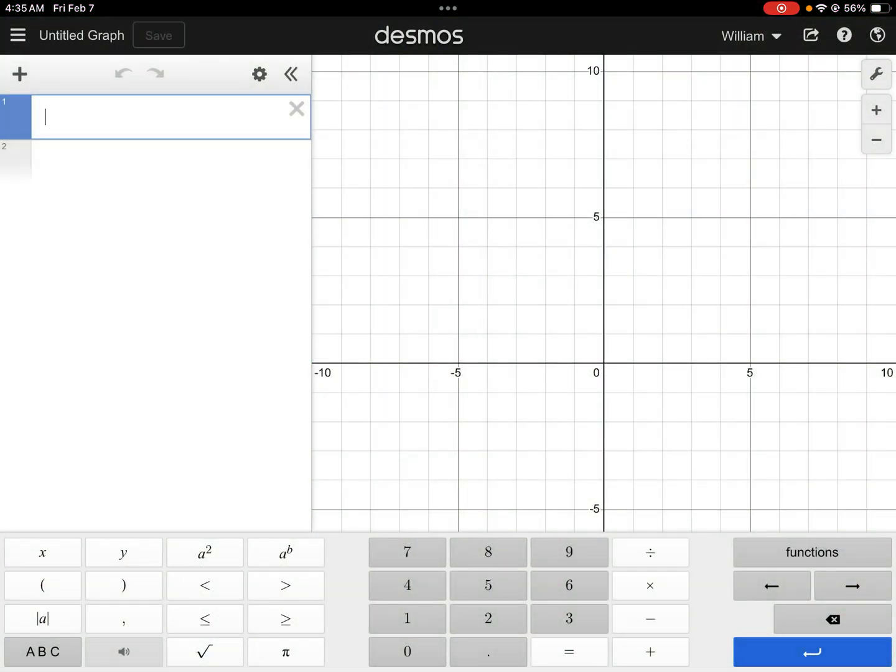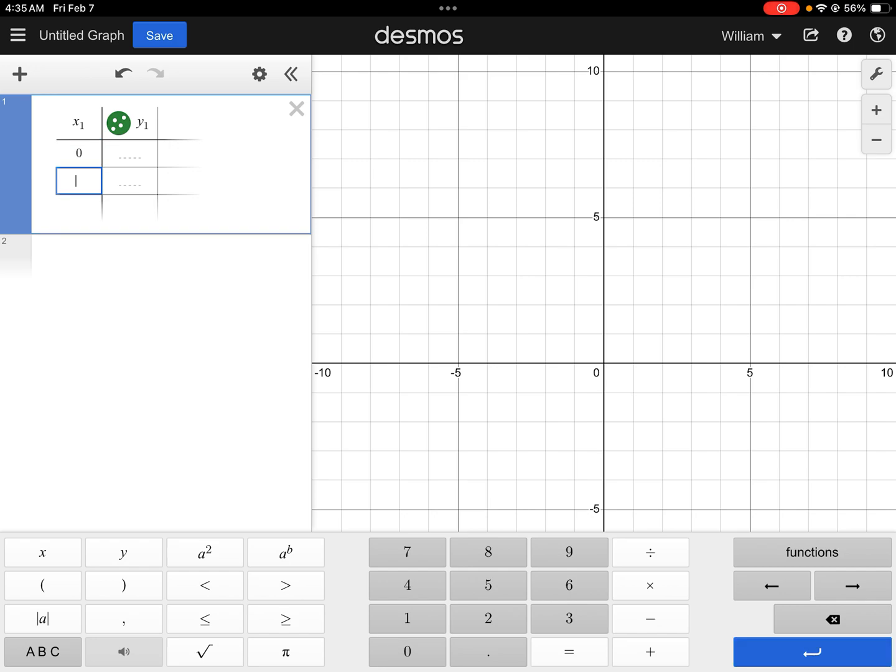You can make a table, hit your plus sign, and then table. And notice the only thing is when I do my table, I have to use my subscripts. So I'll go 0, 1, 2, 3, 4, and so on.